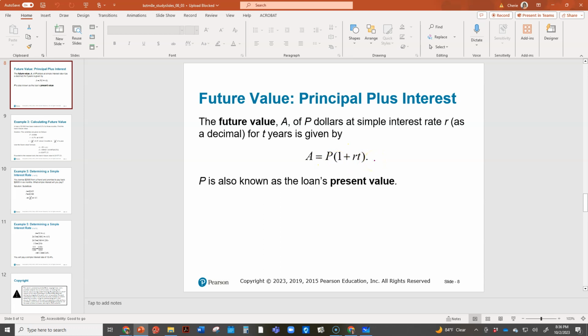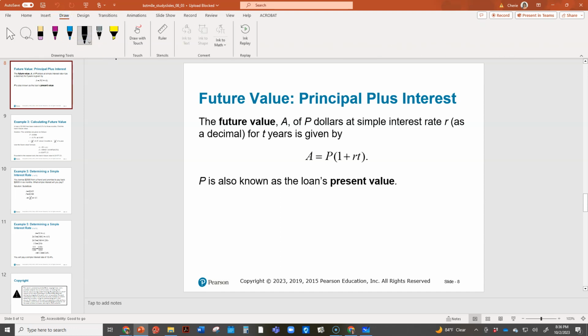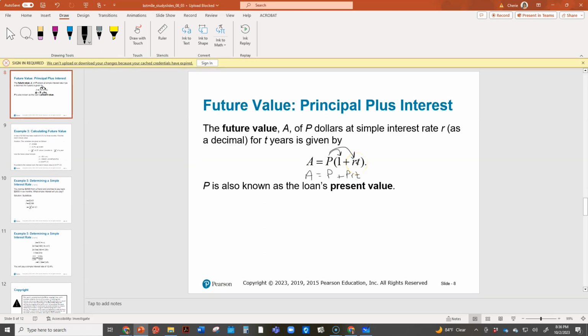If you do a little arithmetic right here, I guess it's really algebra, if you distribute that P, this formula becomes A equals P, because P times 1 is P, plus PRT. Well, isn't that exactly what this is, your interest formula right here? This is your interest formula, and this is your principal. So if you take your principal and add your interest, you get this formula. They just rearrange the order in which you do things. I don't care how you do it. I just need you to be able to do it.